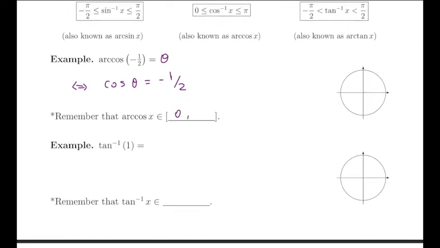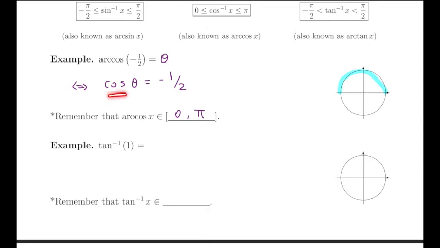So let's write down here the restriction. And that means on the unit circle, we are only looking at the interval from here to here, right? 0 is this angle there, and pi is 180 degrees, or this angle here. So it turns out that within this highlighted region, there is only one answer.